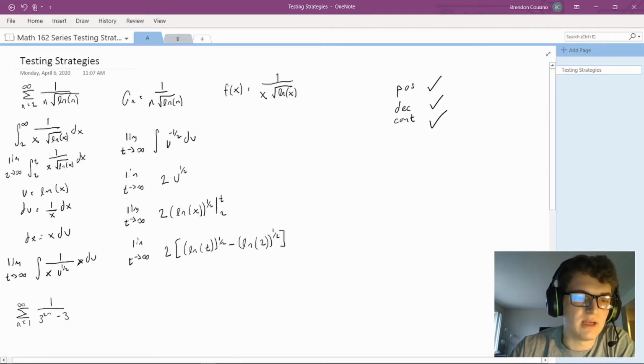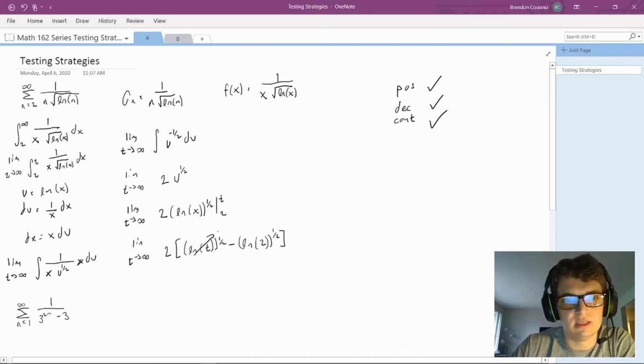Okay, so now let's evaluate our limit. If t goes to infinity here, our natural log is going to go to infinity, so then the square root of infinity is also going to go to infinity. So this piece goes to infinity. So infinity minus some constant term multiplied by another constant term is also going to go to infinity.